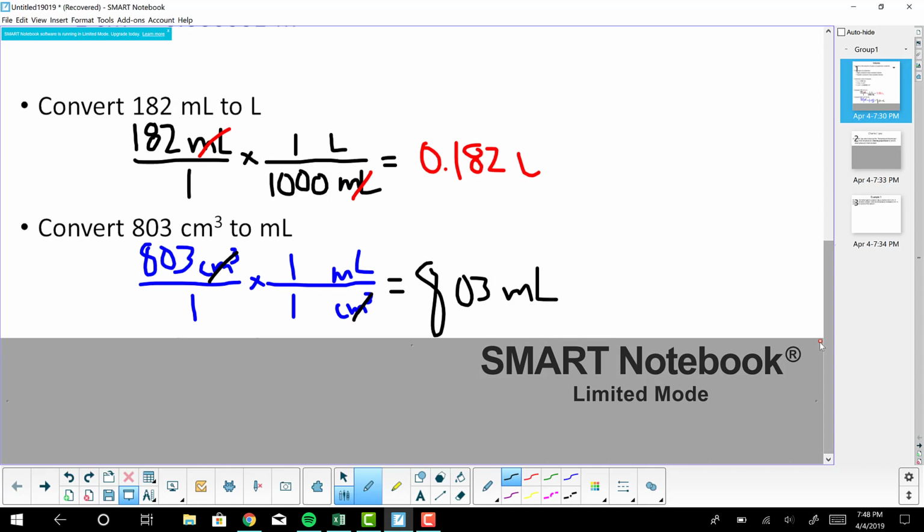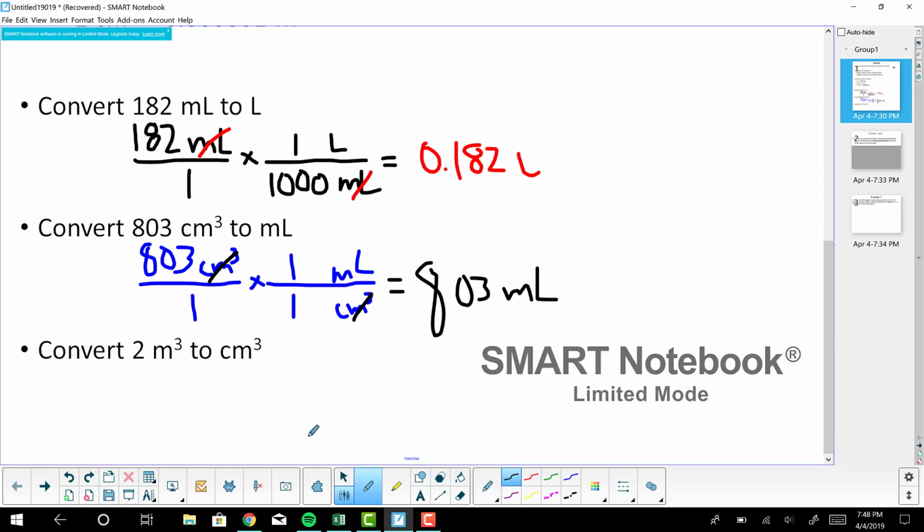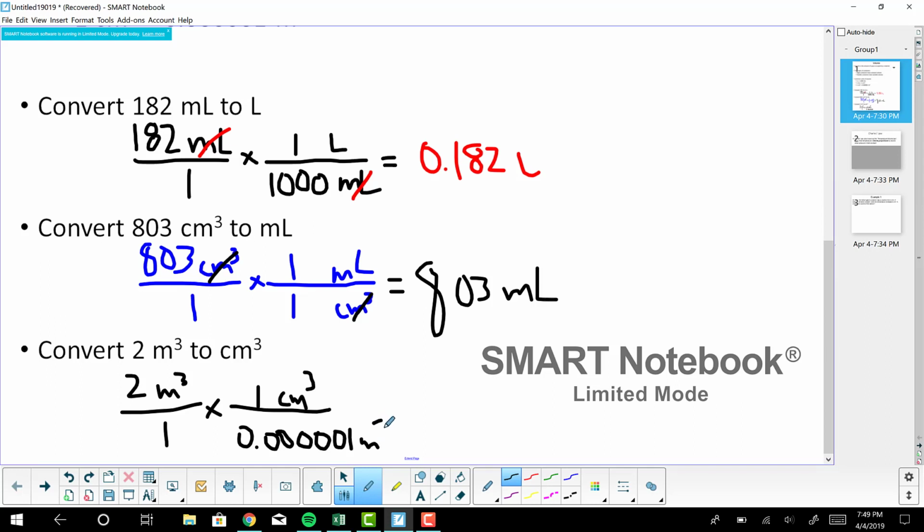All right, last one. Let's convert 2 meters cubed to centimeters cubed. So 2 meters cubed over 1, and now I've got 1 centimeter cubed on the top, and then 0.000001 meters cubed on the bottom.